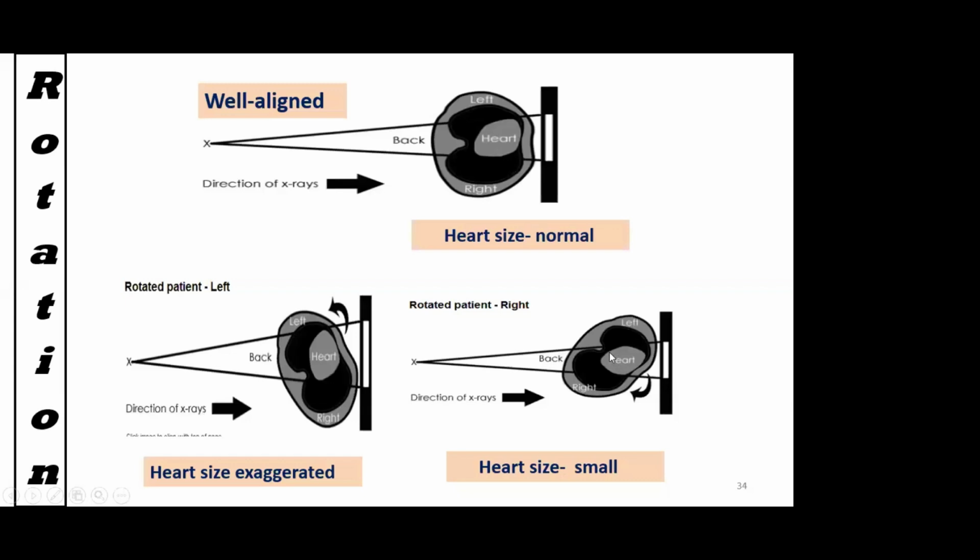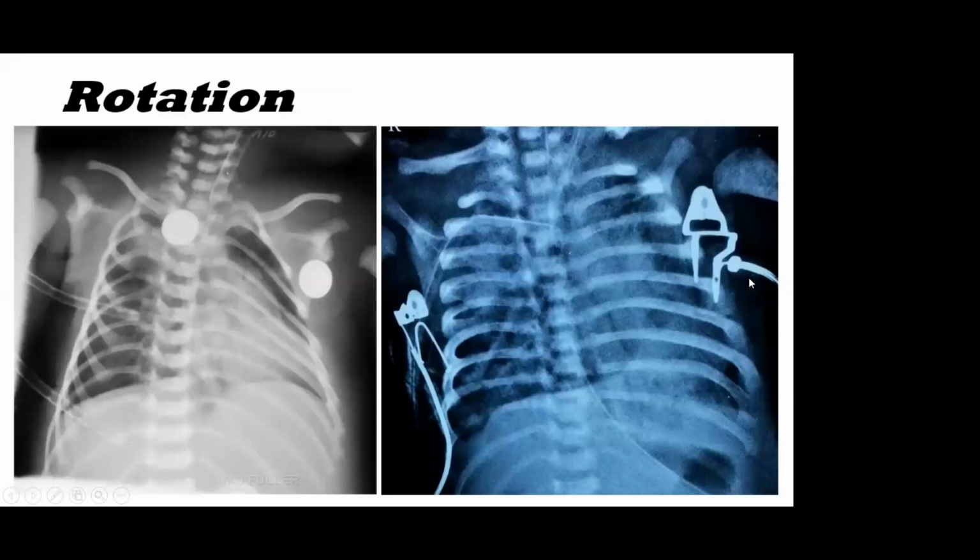It is nothing but a problem with the rotation, where the heart size changes according to the position of the baby in comparison to the well-aligned X-ray. So this is how rotation creates trouble.